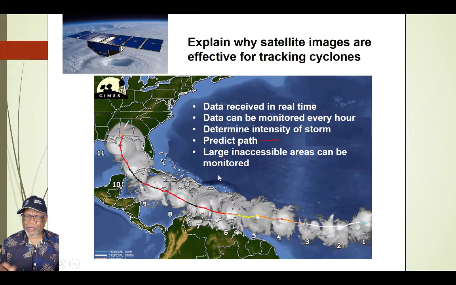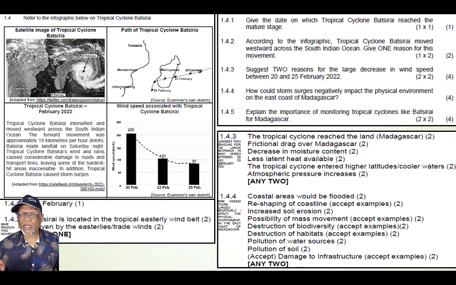The satellite images are not on the surface; they are in space. So it's going to be easy for you to monitor whatever is happening on Earth when you are looking at it from space. Now, here are some of the examination questions that you can expect to get.